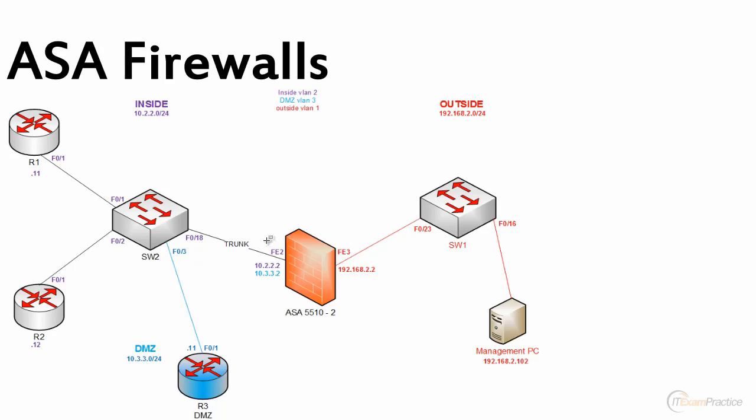What we want to do, we want to assign an IP address here. We'll have to add a static route to the internet. We will have to create NAT for our inside network as well.